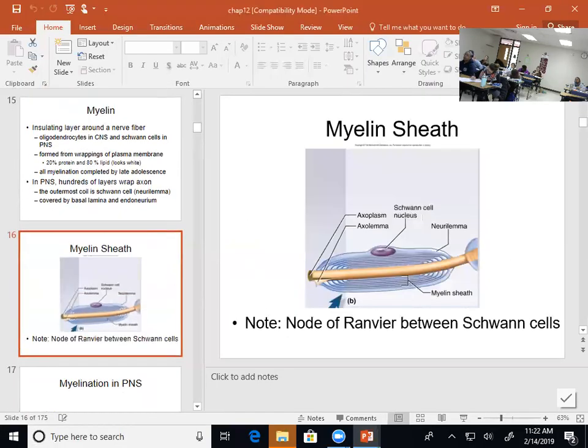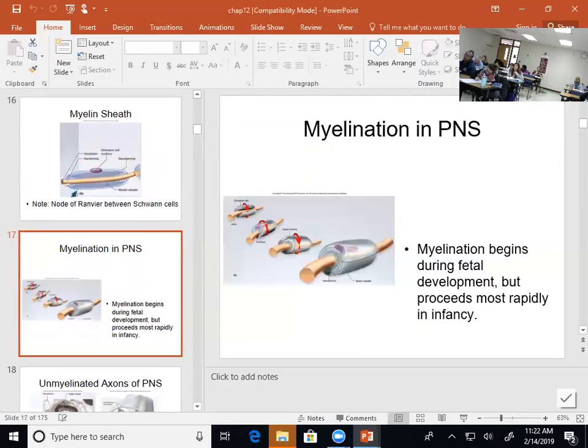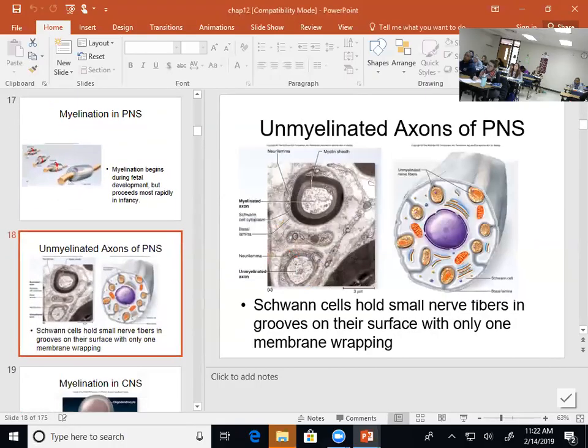This is a Schwann cell. A Schwann cell does this a little bit differently than the oligodendrocytes, because the oligodendrocytes in the central nervous system send out appendages and wrap. But the Schwann cell in the peripheral nervous system is a cell that wraps, and it can wrap up to 100 times. That's a pretty thick wrapping, isn't it? It happens at an incredibly fast pace when people are young.